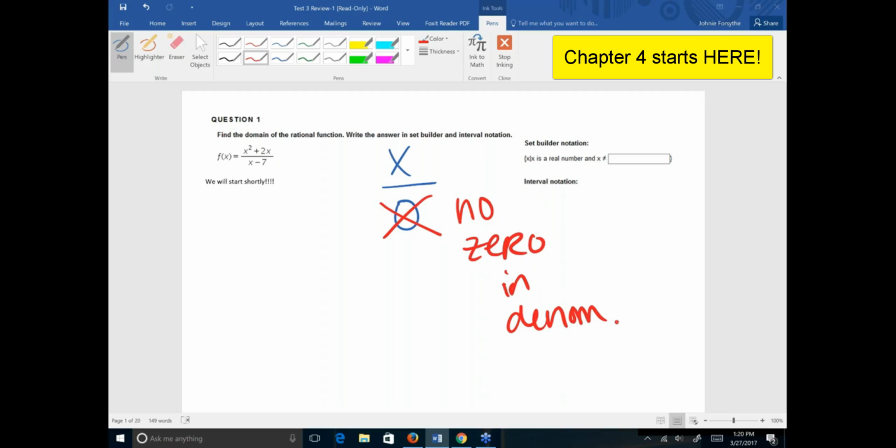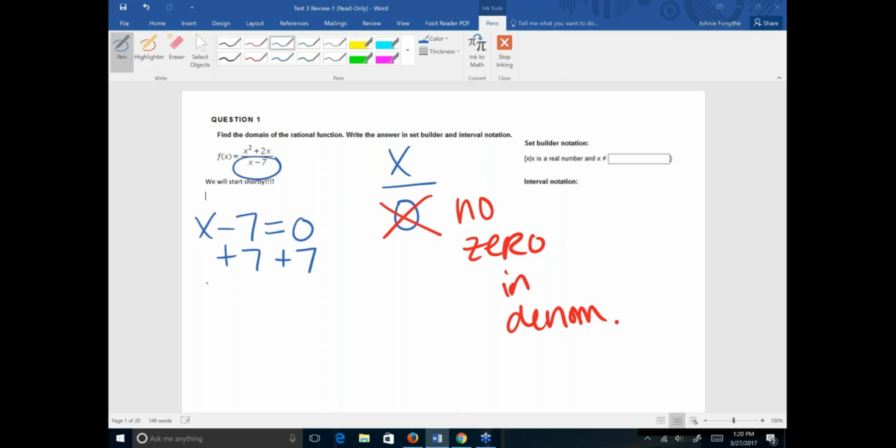So we have a variable in the denominator. Let's figure out what would make the denominator equal 0, and we're going to exclude that from the domain. So we're going to take our denominator, which is x minus 7, and set it equal to 0 to figure out what would make the denominator equal 0. And so x equals 7.